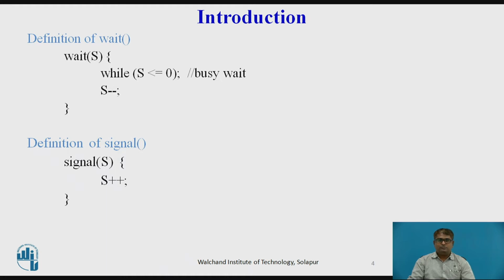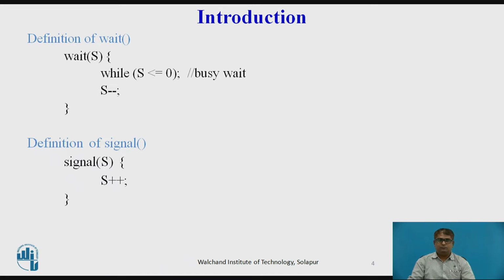All modifications to the integer value of a semaphore in the wait and signal operations must be executed indivisibly, which means that when one process modifies the semaphore value, no other process can simultaneously modify that same semaphore value.